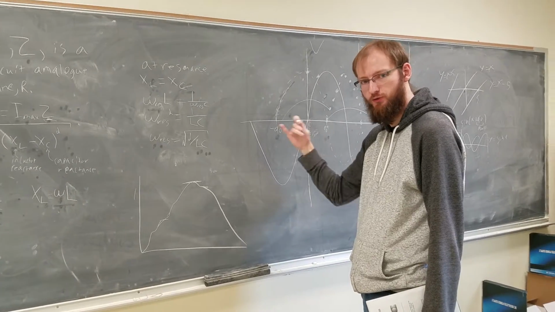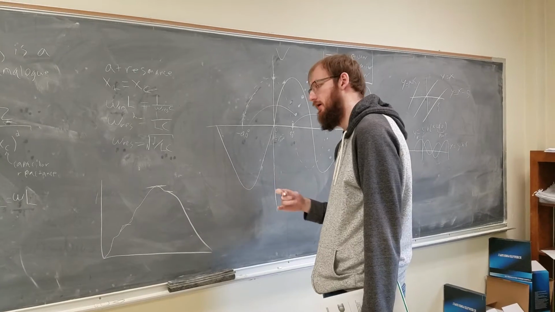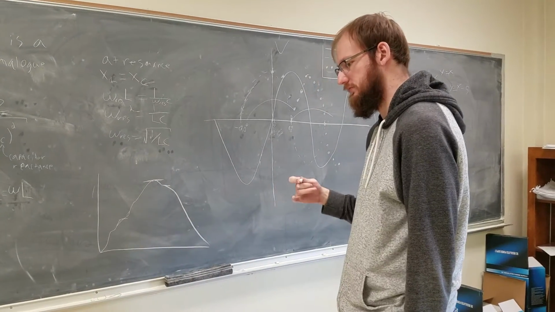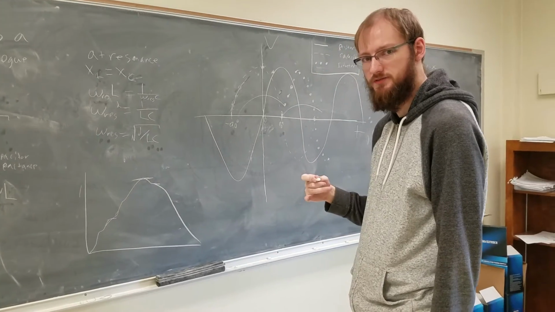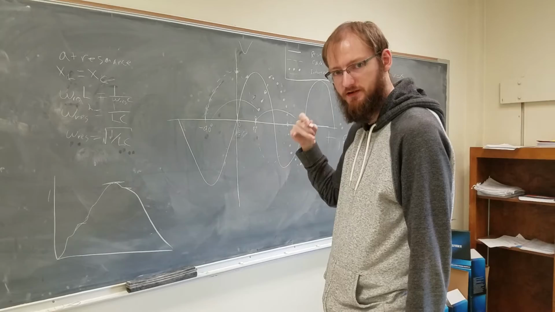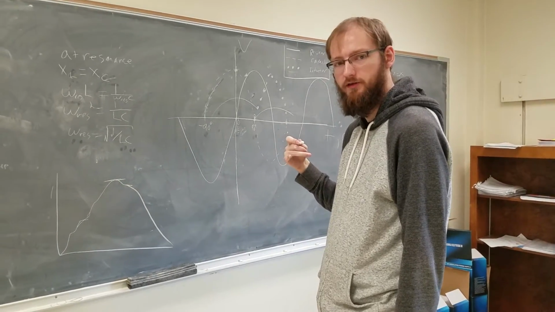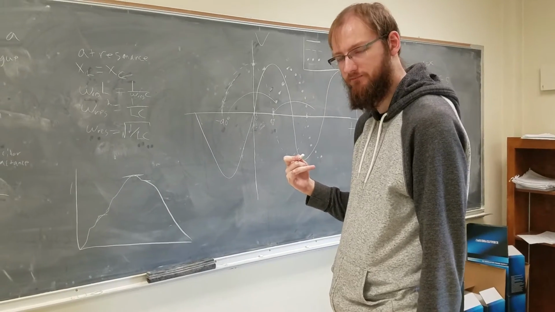Maybe there are 2 or 3 frequencies that both give a ratio of 1. So you'll have to look at the data as a whole and make a judgment of which one is closer to the actual resonance frequency.